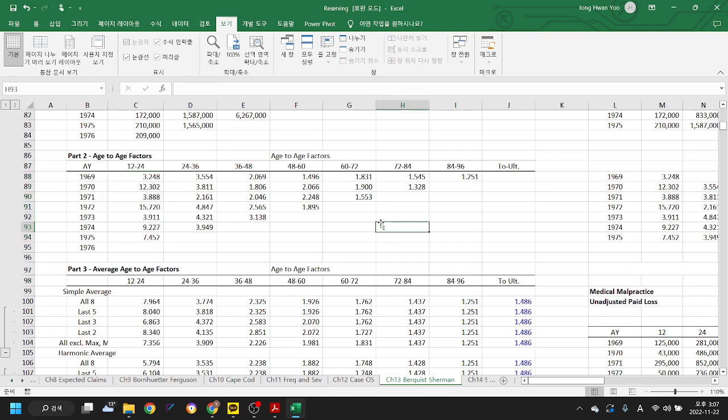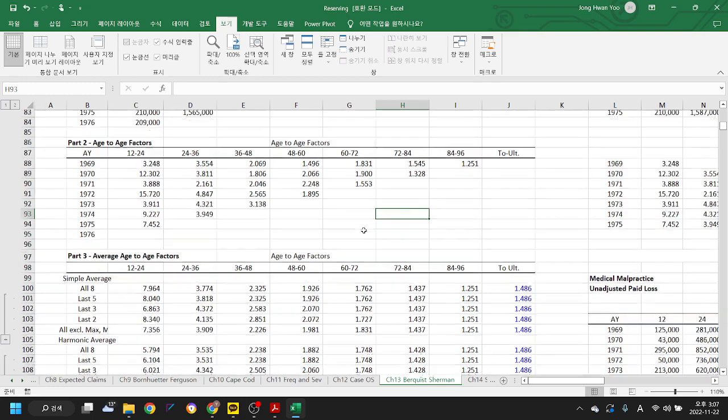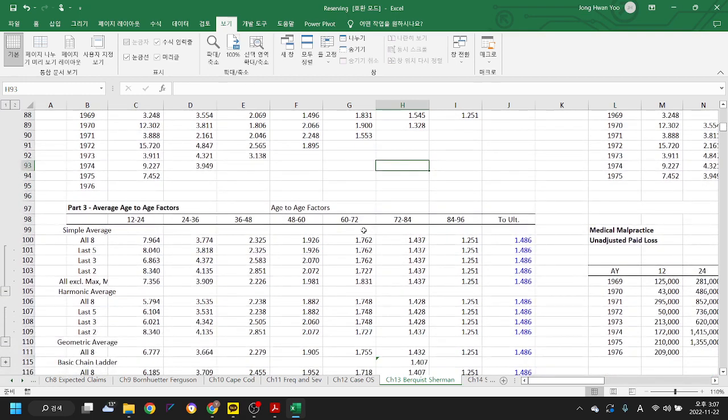So I realized why Berquist Sherman came up with this type of adjustment, a restatement of the historical data, because probably he got it from one of their clients. In America there are probably 5,000 or 6,000 different P&C companies, and he has smaller clients and even bigger clients.